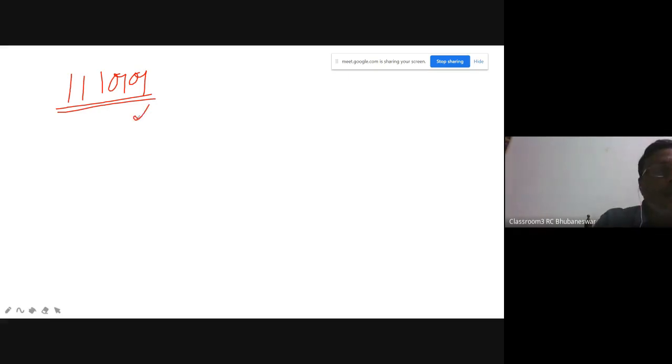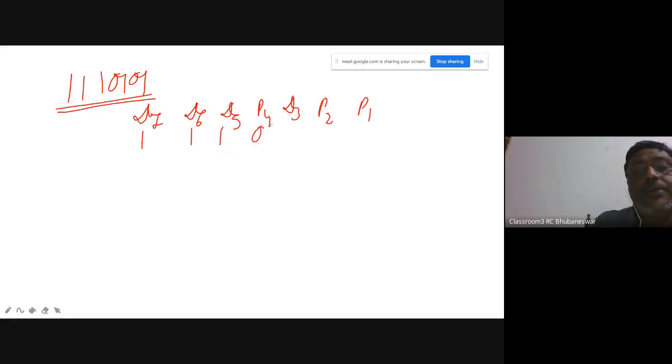Let us see. D7, D6, D5, D4, D3, D2, D1. Here you will find all 7 bits are given: 1, 1, 1, 0, 1, 0, 1. Already you know the positions of P1, P2 and P4.